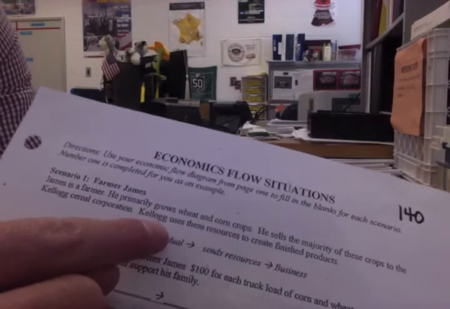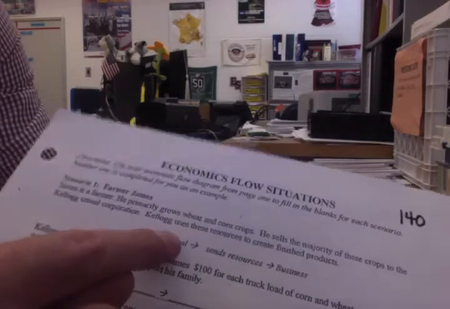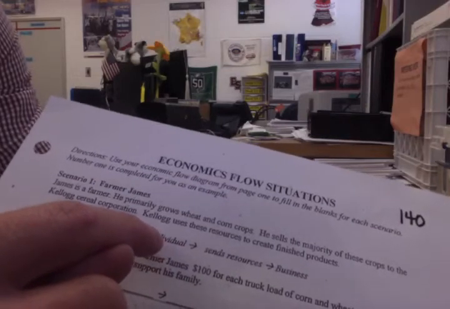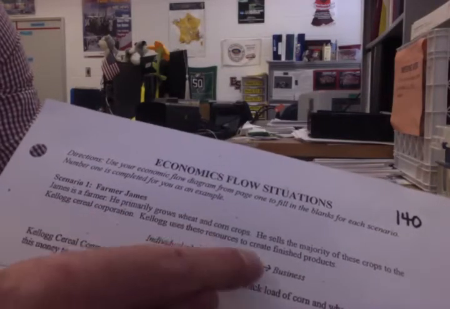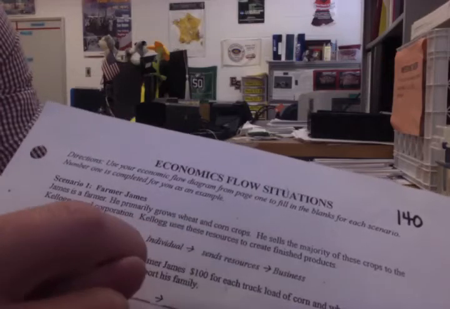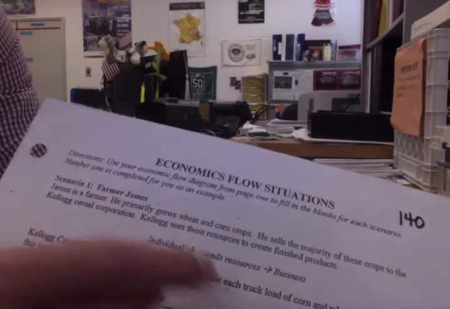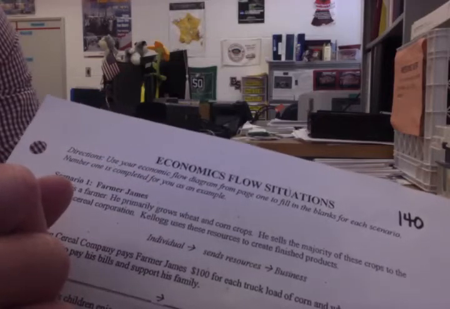So, remember, when you're going through this, the first and third blanks, okay, should either be individual, business, or government, and then the middle blank deals with what is happening with the interaction, whether it deals with money, whether it deals with resources, that you have to figure out on your own.